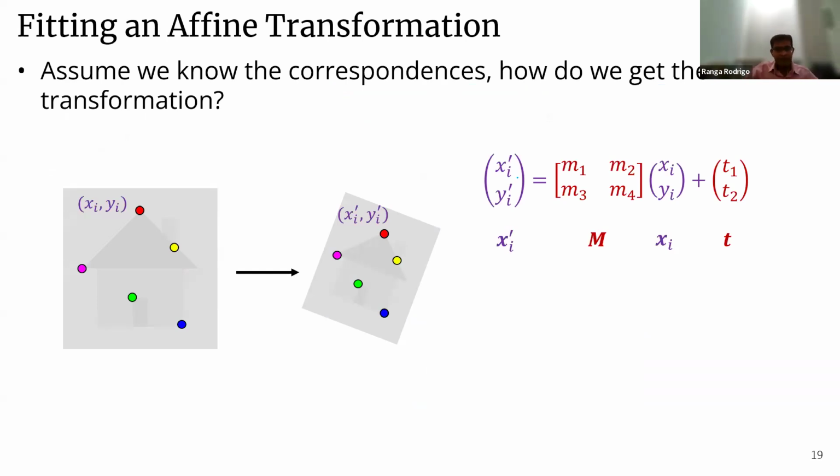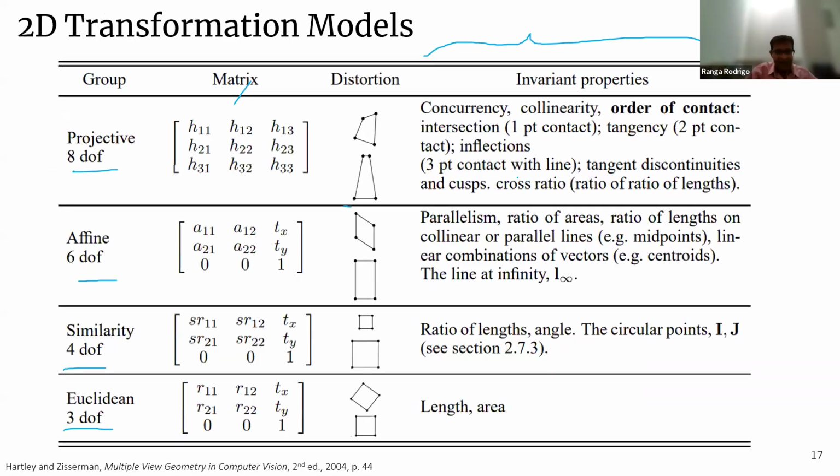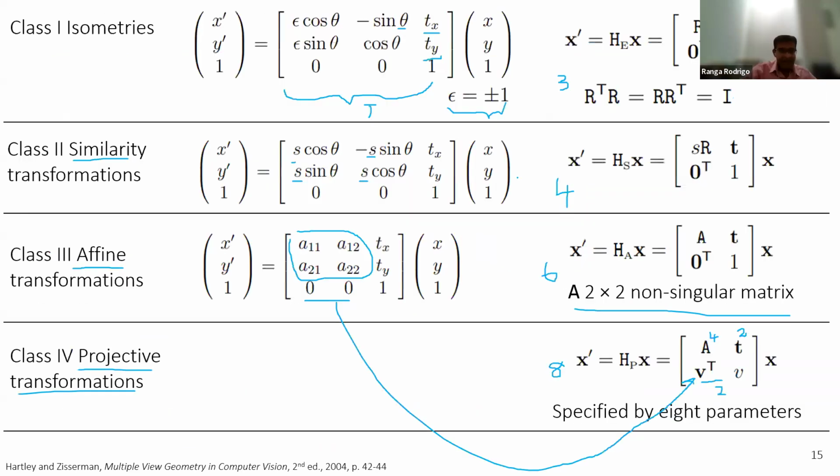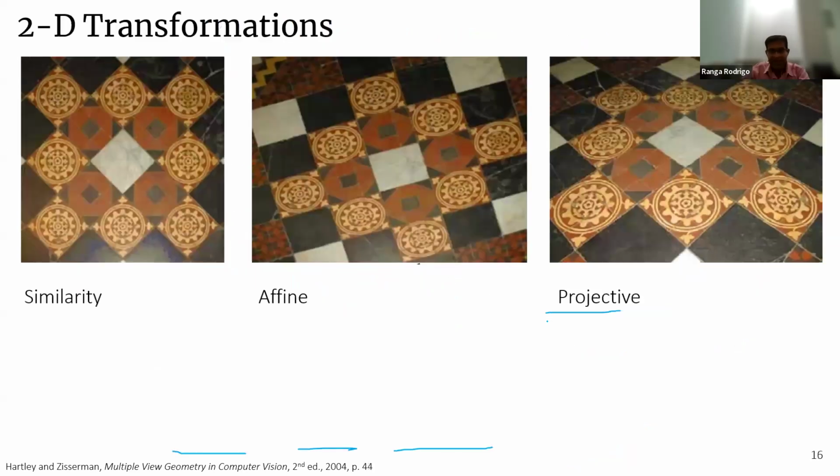Okay, so in the previous slide, we wrote this affine transformation as A11, A12, Tx and Ty and so on, right? But you can see that Tx and Ty apply to x and y, right? So therefore, we can break that and write it like this.